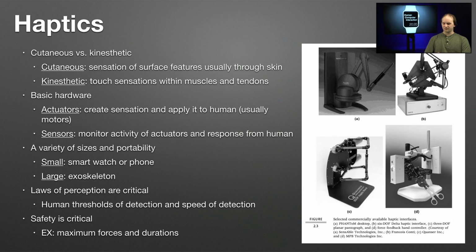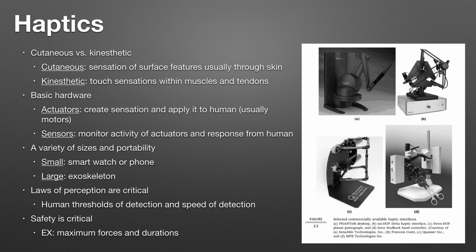So let's briefly change gears and talk about haptic interfaces, which are another non-traditional interface that's pretty prevalent. The haptic interfaces we all know are things like our phones, our watches, game controllers, and that's generally a tactile vibration haptic interface.